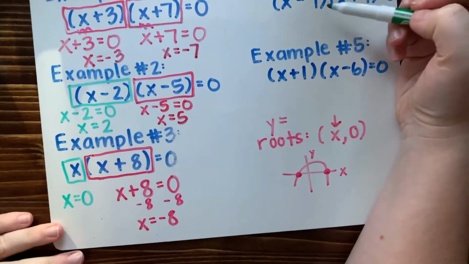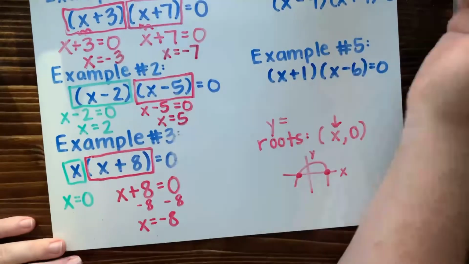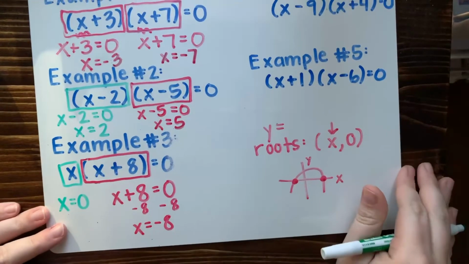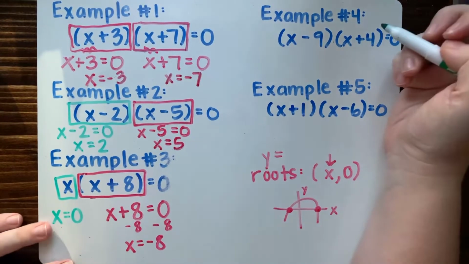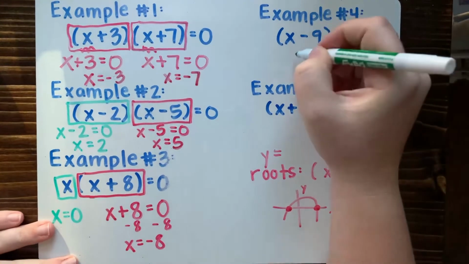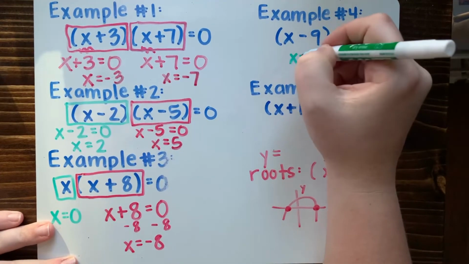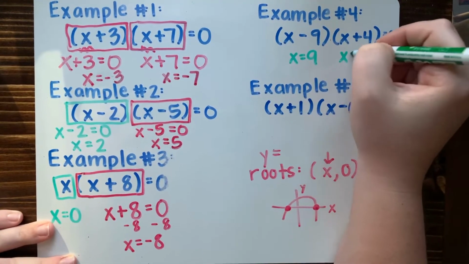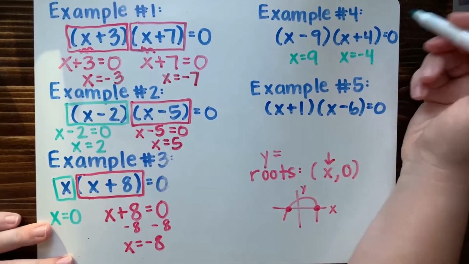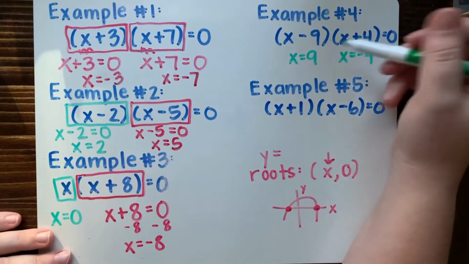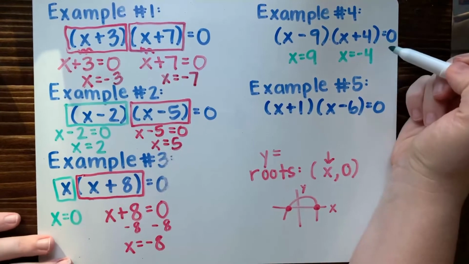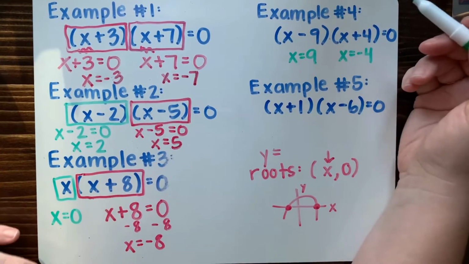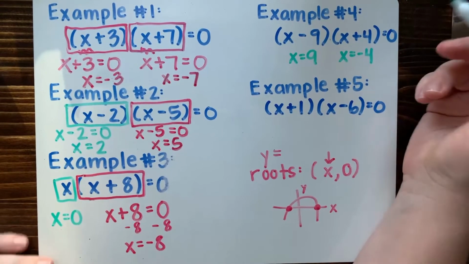Example number 4, we have x minus 9 times x plus 4 equals 0. Now, at this point, you may just be able to say, all right, x equals 9, x equals negative 4. If you can go ahead and jump there without having to write out your equations, that's totally fine. That's a great thing because you can solve these quicker.